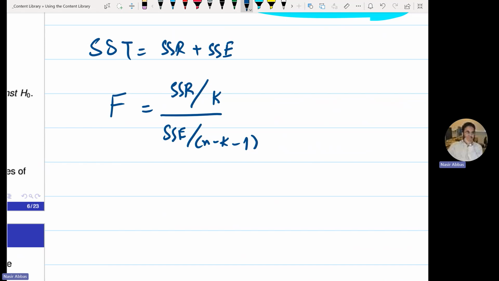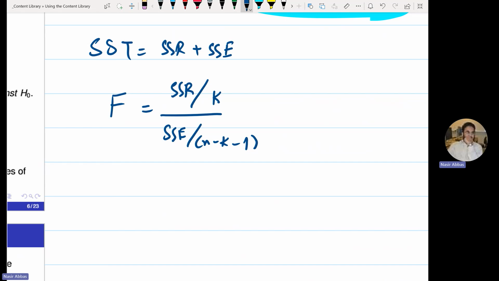Clear? Now, what if the regression is significant? It's a good regression. What will happen to the top equation? Which component will dominate if the regression is good? SSR will dominate, correct? When SSR dominates, what happens to error? It will go down because at the end, the sum is constant.